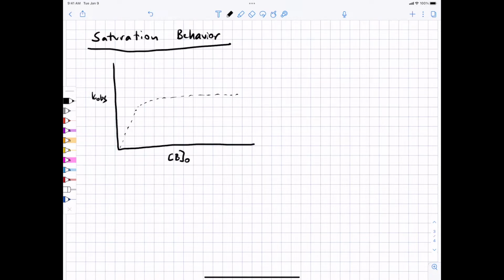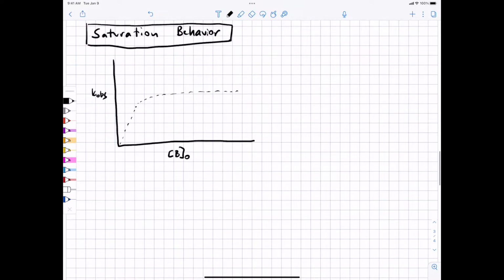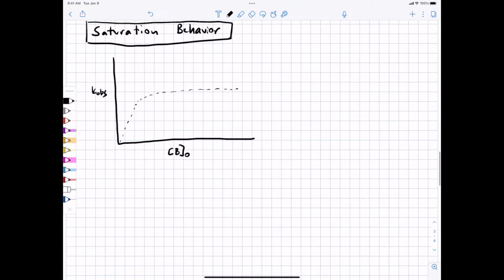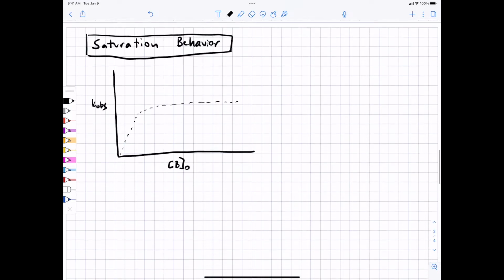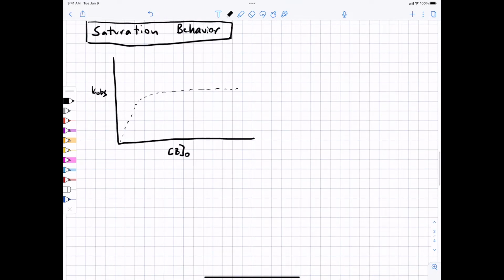Beyond a certain point, further increases in B do not increase the rate of the reaction. And so saturation behavior suggests a more complicated mechanism. So I want to show you the kinds of mechanisms that can have saturation behavior, and we'll talk about what the implications of that are.